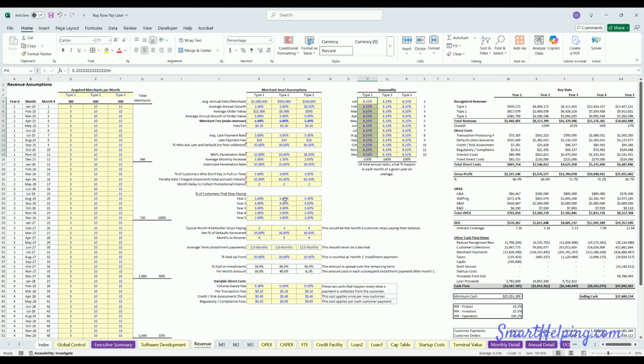And I was playing with some of the numbers, and you'll see when you do it. Just looking at the term here, watch what happened when I put this from 12 to 6 months. You'll see how this minimum cash requirement changes from 25 million down to 3.6 million, and that's just reducing the term from 12 months to 6 months. And why?